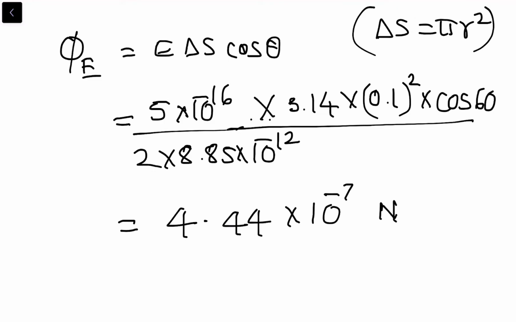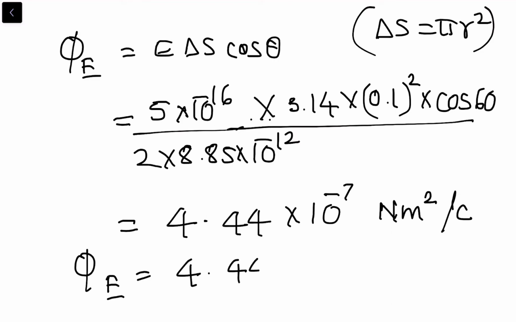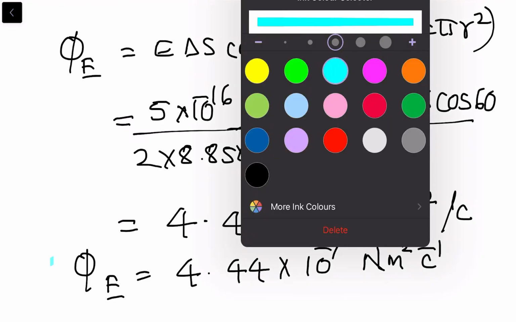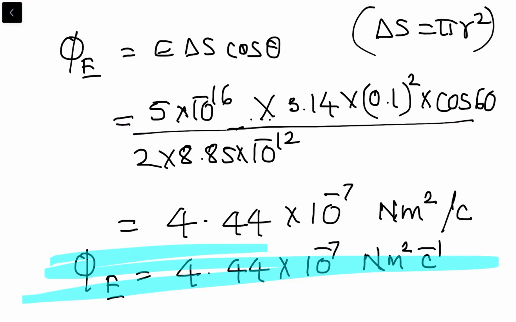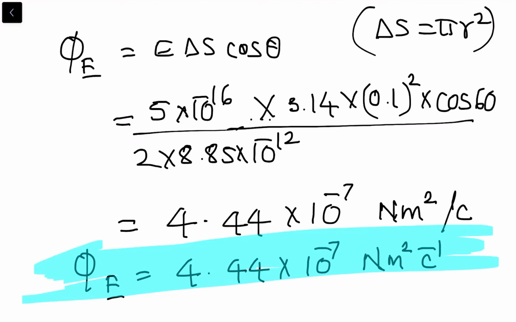The units are Newton meter square per coulomb. Therefore flux is equal to 4.44 into 10 to the power of minus 7 Newton meter square coulomb to the power of minus 1. So this is the answer which we got for this fourth problem.